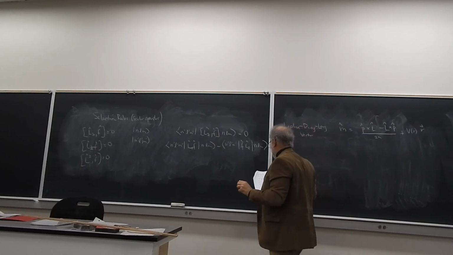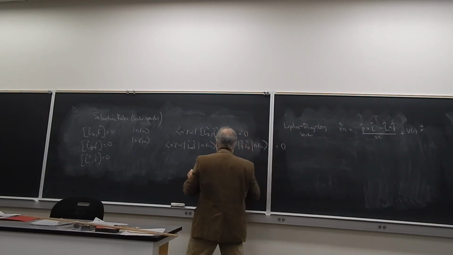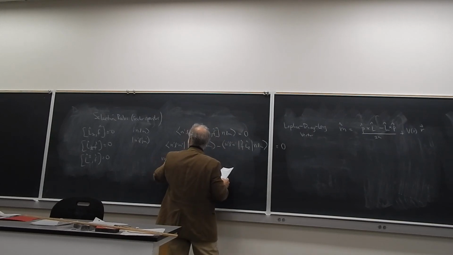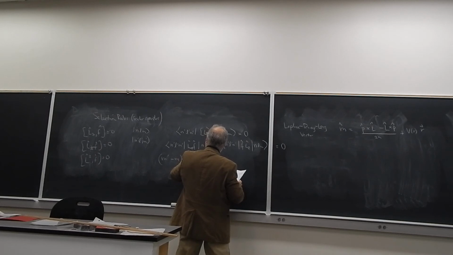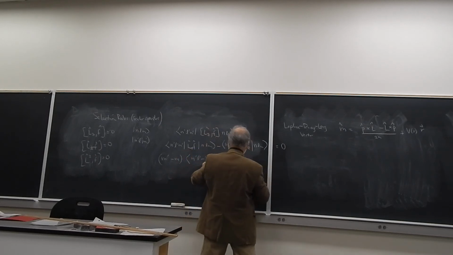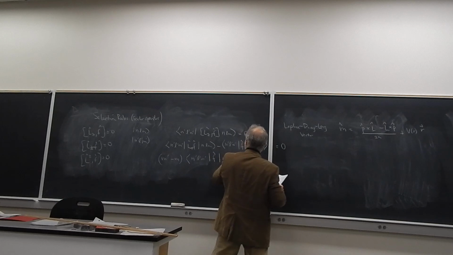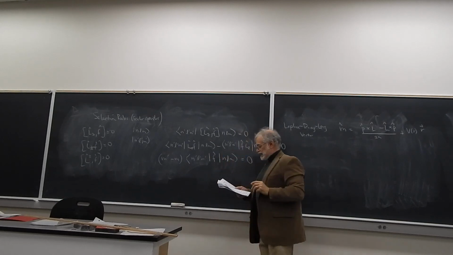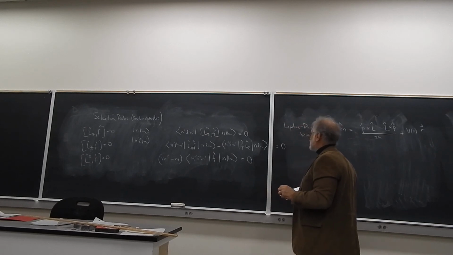What that means then is, in the following way, m prime minus m times the matrix element n prime, l prime, m prime, F, n, l, m must be 0, since L_z is Hermitian.